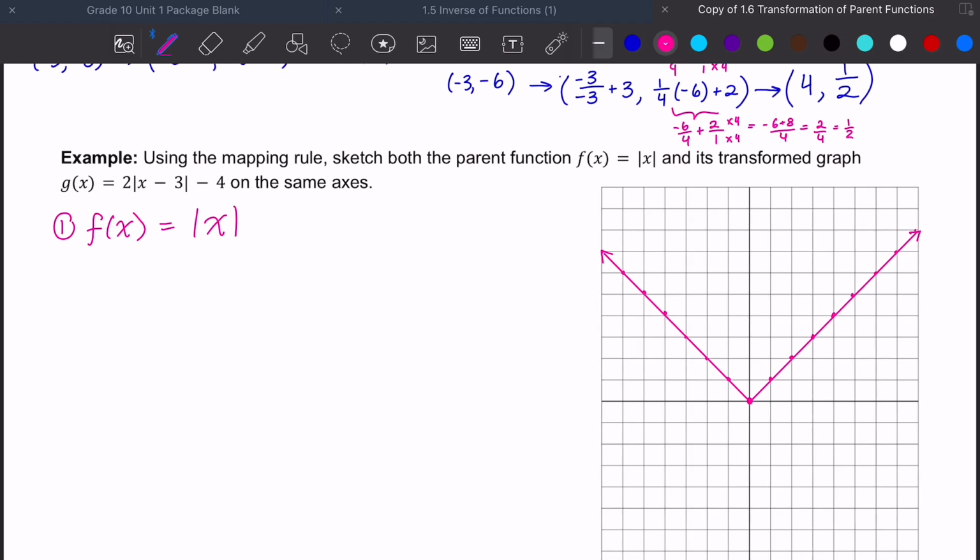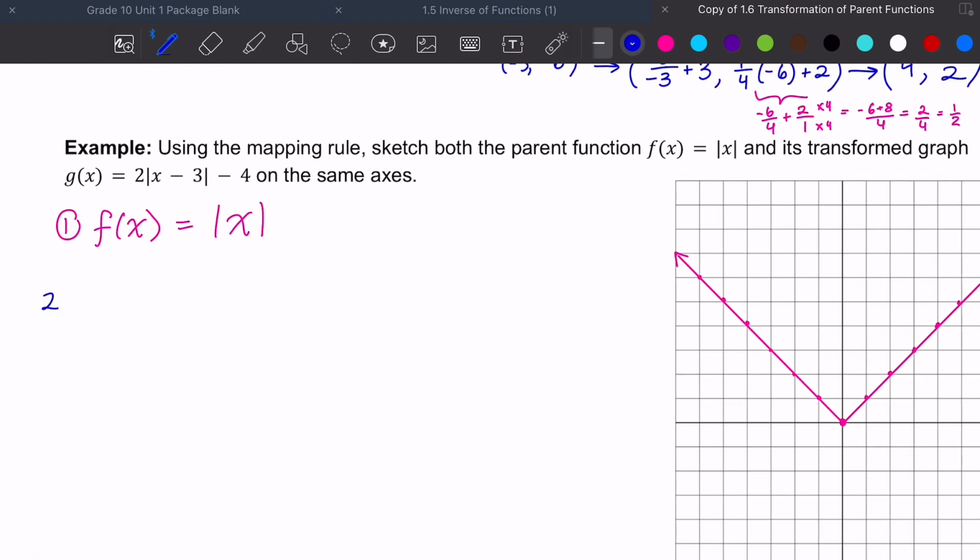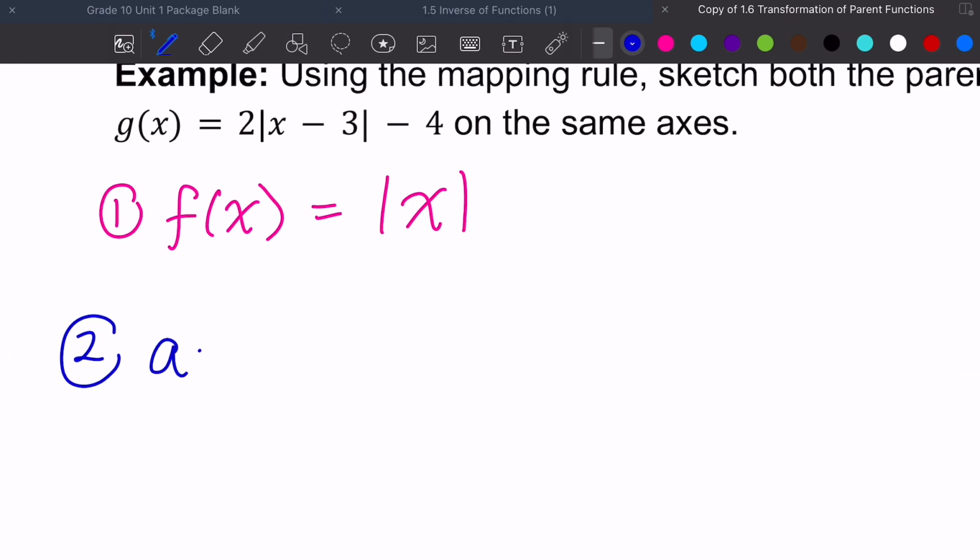Now I need to go looking at the g of x, that's our transformed function. And I gotta state what's my a, what's my k, what's my d, what's my c? So okay, first off, what is my a value? 2, perfect. What's my k value? 1. My d value? 3. And my c value?